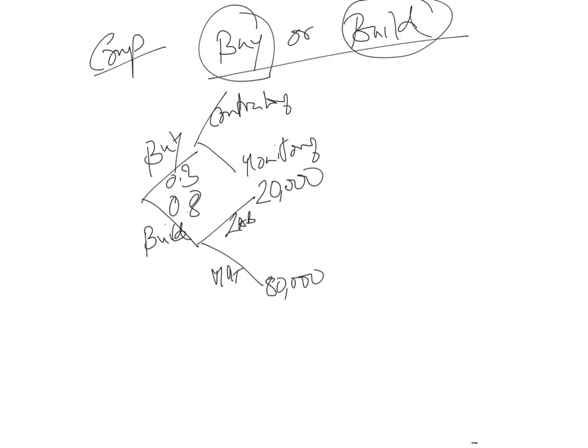Monitoring the contract, the likelihood that you'll be able to monitor the contract perfectly is only about 50%, because they're so far away, you really don't know. And the likelihood that you'll be able to come up with the best contract in the world is maybe 80%. Suppose you've got a very good lawyer.